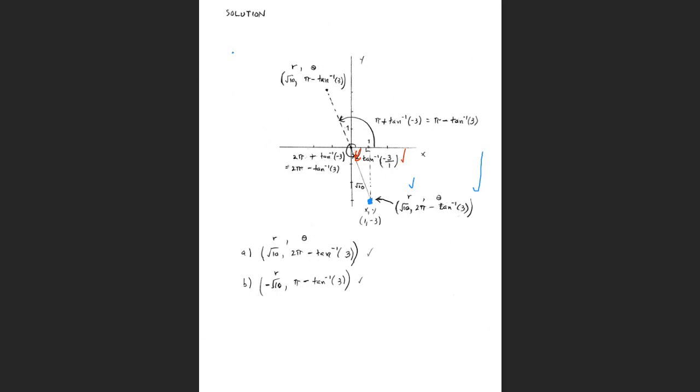That angle is about -71 degrees, according to my calculator. You have to be careful when you put your calculator in degree mode. You've got to change it back to radian mode a lot of times, right?